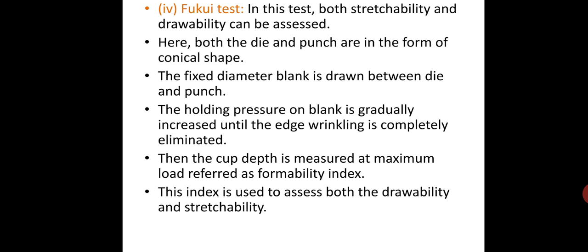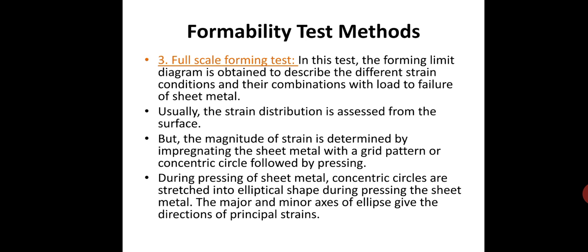And the final test is the full scale forming test. In this test, the forming limit diagram is obtained to describe the different strain conditions and their combination with load to failure of the sheet metal.